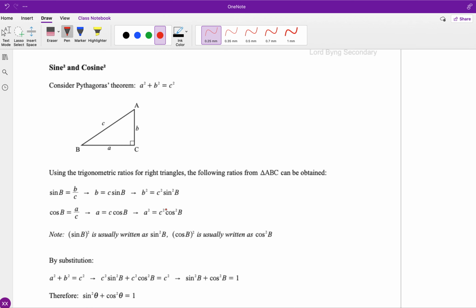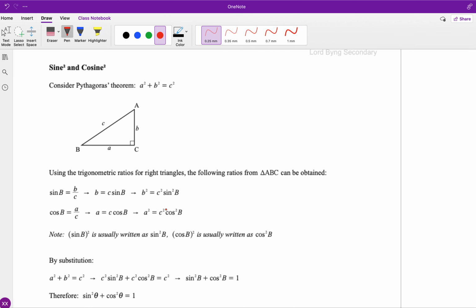Again, we take this angle B. In reference to angle B, sine B is opposite over hypotenuse, so it's b over c. And cosine B is a over c, because it's adjacent over hypotenuse.